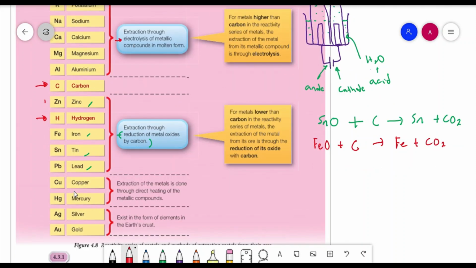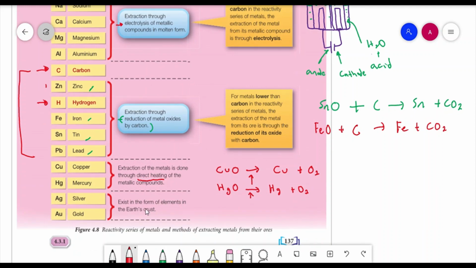Okay, for copper and mercury, the metals can be extracted through direct heating. Means when we found the copper oxide or copper ore, we can heat directly and it will produce copper plus oxygen. Same with mercury oxide, we just direct heat the compound and it will produce mercury and oxygen gas.